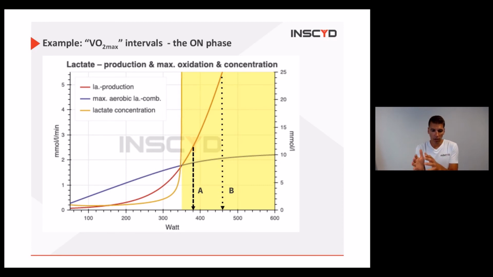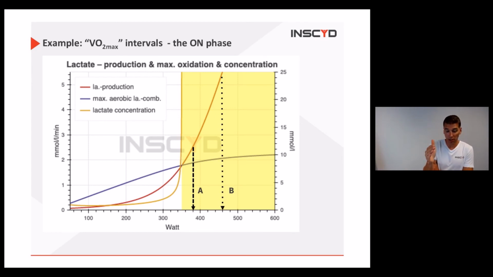If you want to have a low training stimulus on your VLamax, to not have a positive adaptation, not have an increased VLamax, then you most likely would not apply a training intensity where VLamax is triggered to a big amount. So you would go to A. What I'm saying is, you want VO2 max.